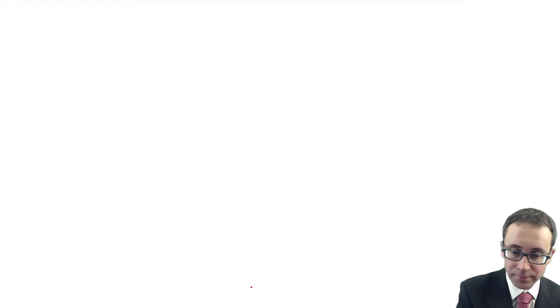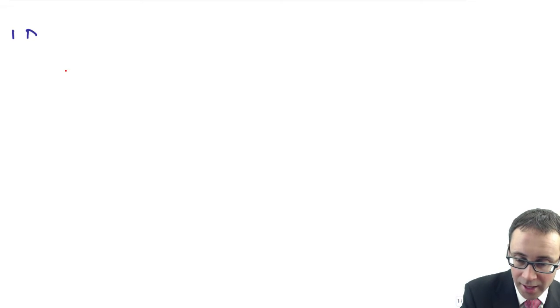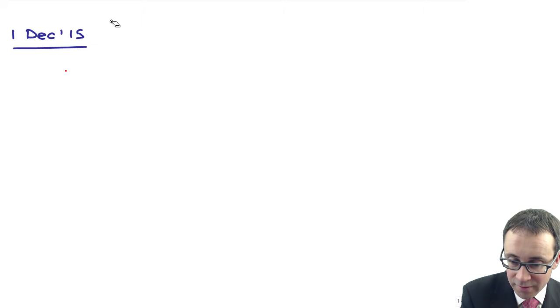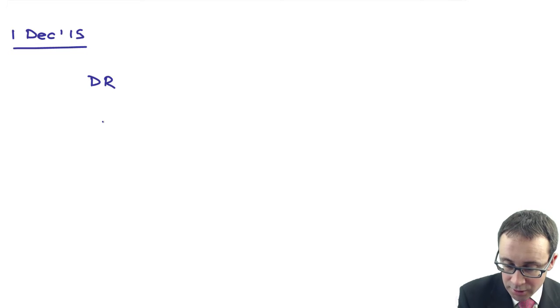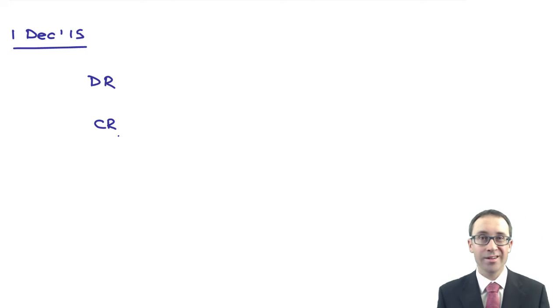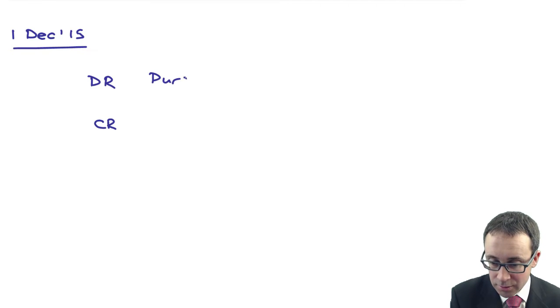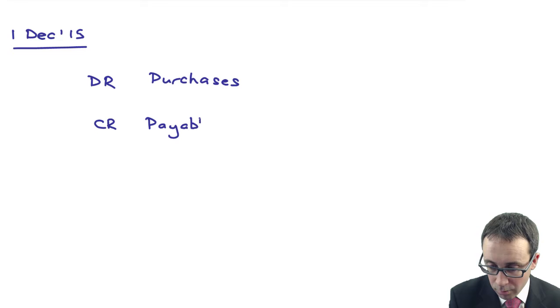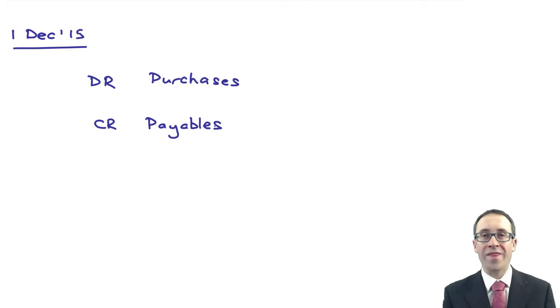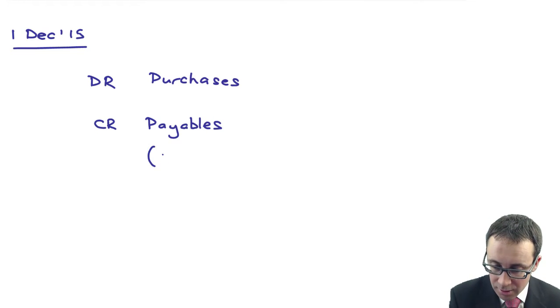So what we've got there is, if we go through there and look at the 1st of December 2015, what you've got there is that you've made a credit purchase. So let's do the difficult bit first, shall we? Get the journal entry. So we debit my purchases and credit my payables, don't we? But with how much? That's the key issue, isn't it?